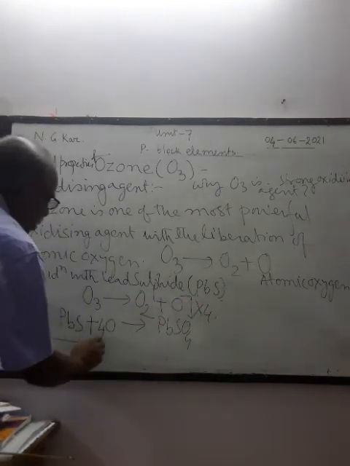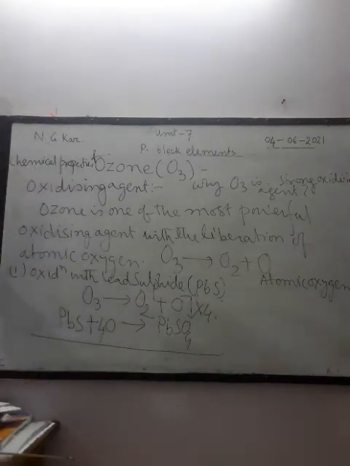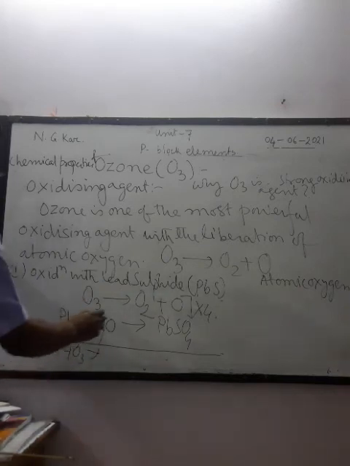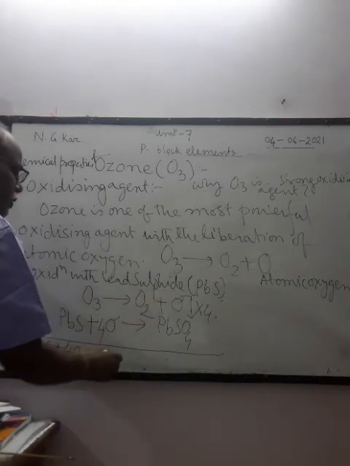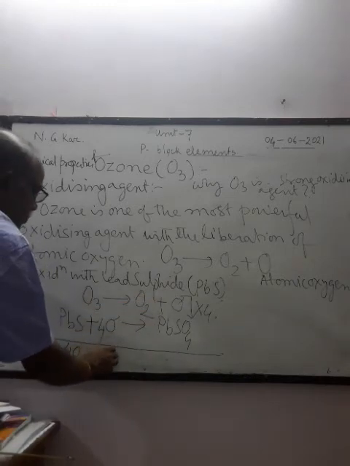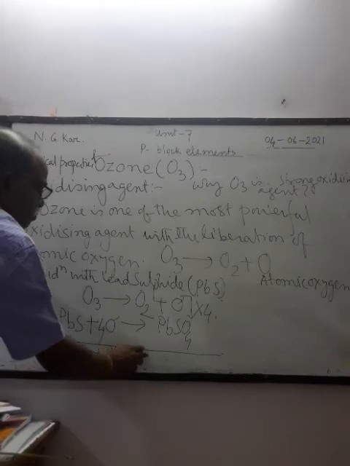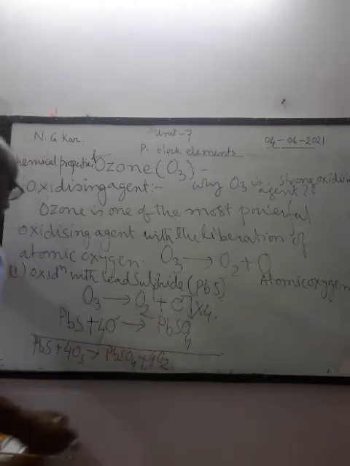If we sum up all this reaction, then on the left side we have PbS plus 4 O3 ozone, the 4 oxygens cancel out, and the product is PbSO4 plus 4O2. So this is the overall reaction.